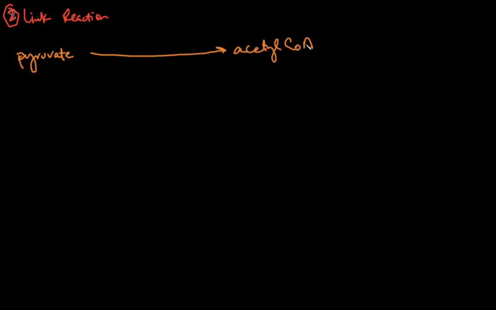acetyl-CoA. All right, so remember that this pyruvate is a 3-carbon molecule, and in reality we have 2 of these that resulted from 1 glucose molecule. But that pyruvate, which is a 3-carbon molecule, gets converted into a 2-carbon molecule. I know, stunning.